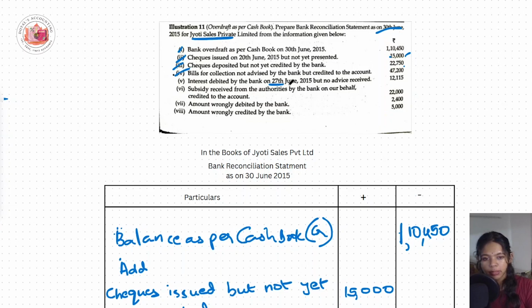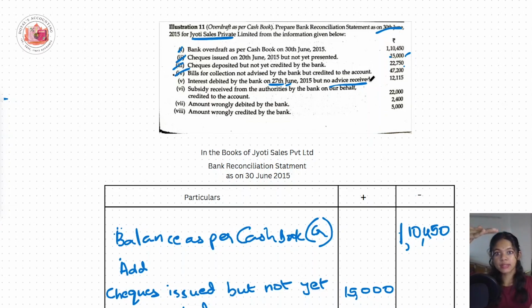Interest debited by the bank on 27 June but no advice received. In our passbook interest has been debited but this has not been recorded in our cash book. So that means our cash book balance is more than our passbook balance, and if I want to equalize the two, I will reduce the amount.